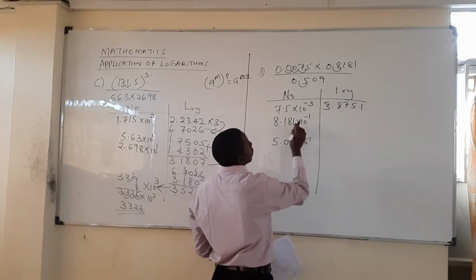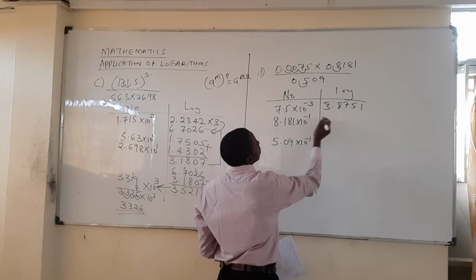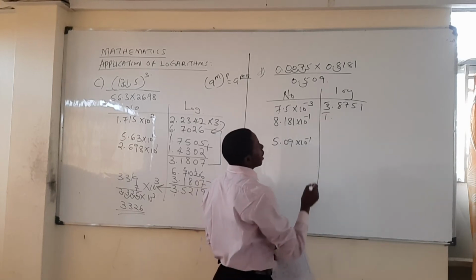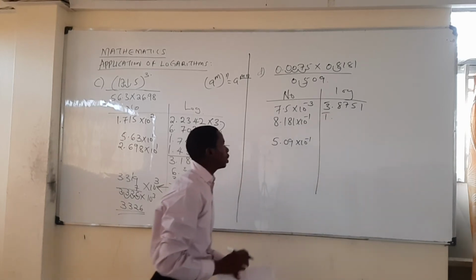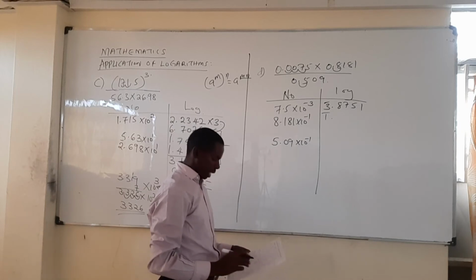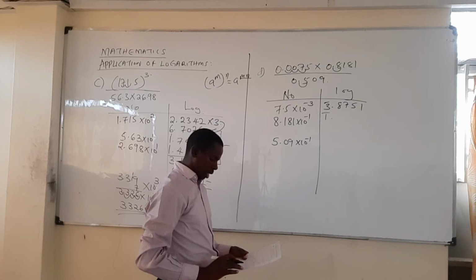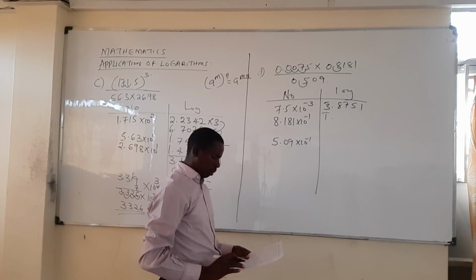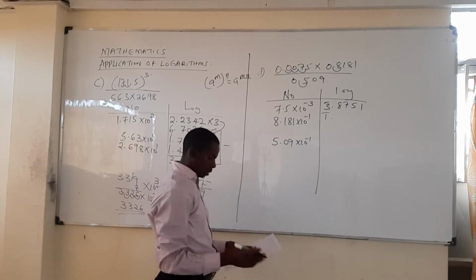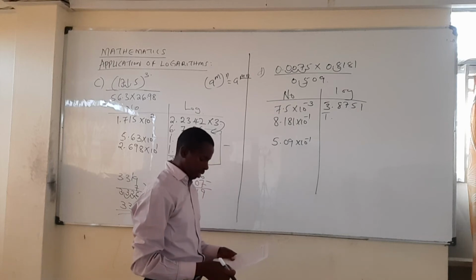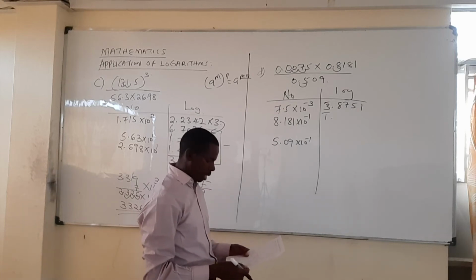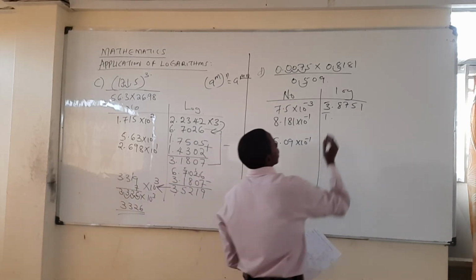Then the log of 8.181 is going to start with bar 1 there, and then for 8.18 you get 0.9128. Then we add 1 at the end there, corresponding to 1, so you get 0.9129.